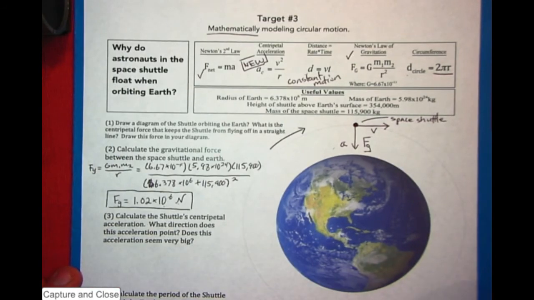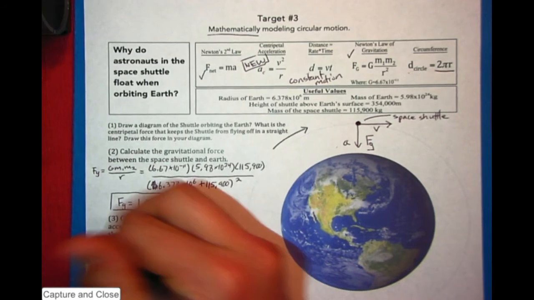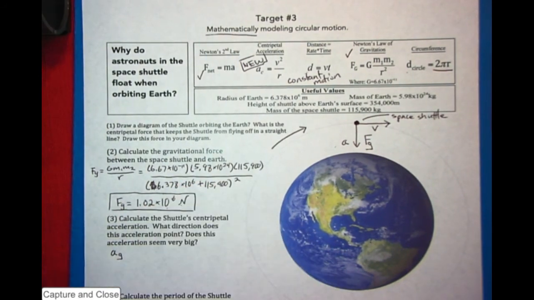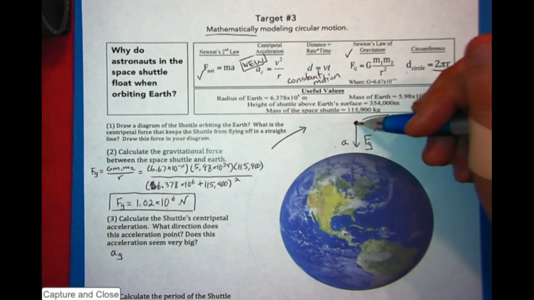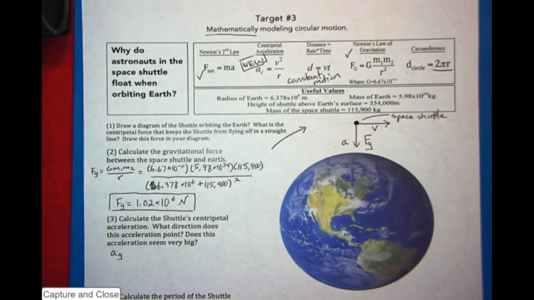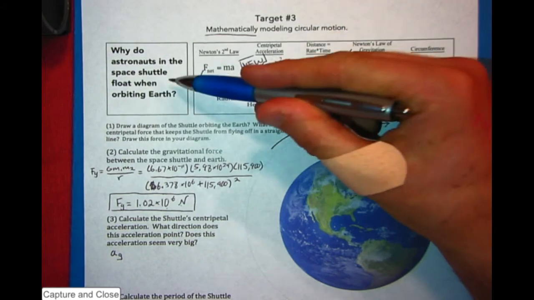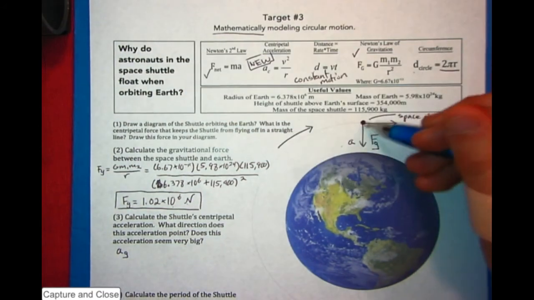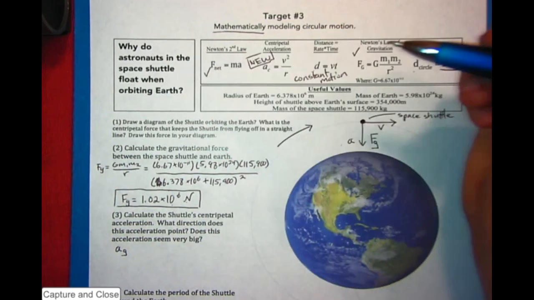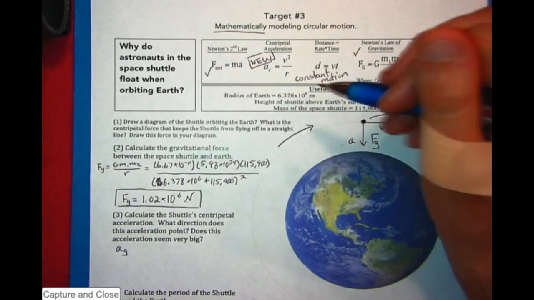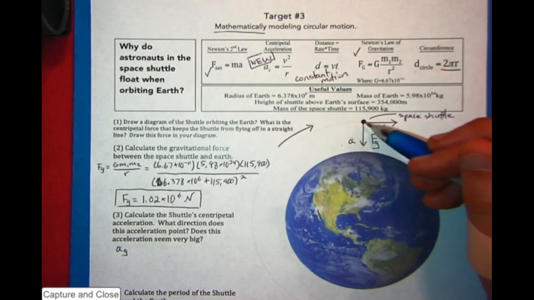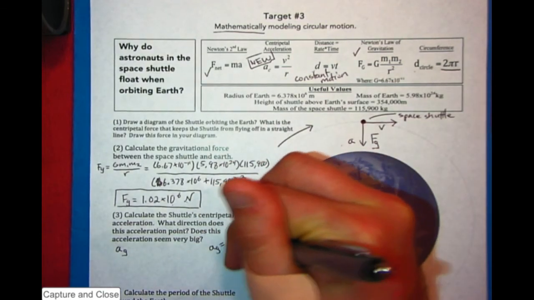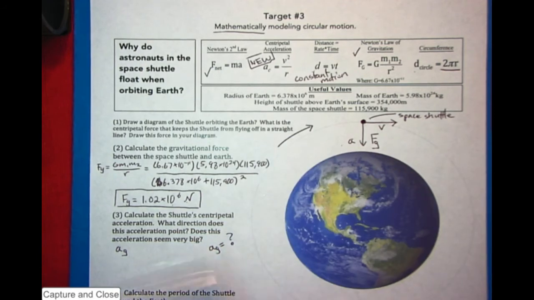Essentially, we're looking for AG, the acceleration due to gravity, at this point above the Earth. Remember, in the context of our driving question, most people said that the astronauts float because there's zero gravity. So if there is zero gravity right here, what would be the acceleration due to gravity that we would expect to calculate in this instance?